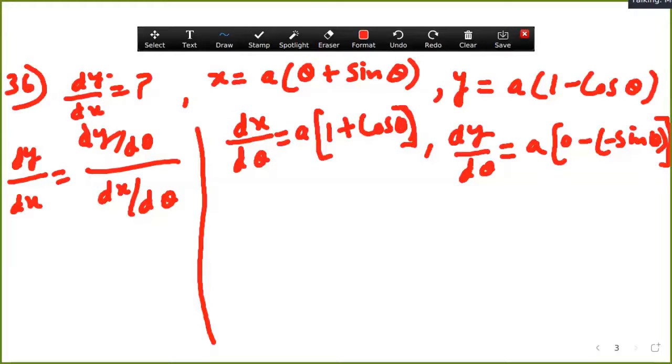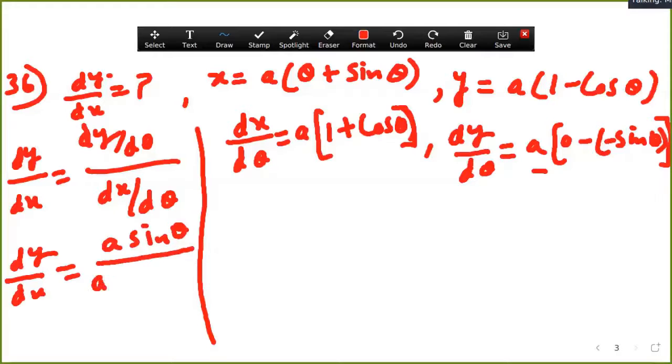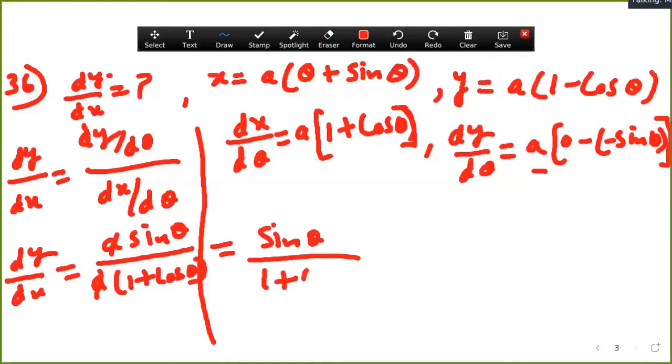So if you put the value here, dy upon dx will be equal to a into minus into minus plus a sine theta upon a into 1 plus cos theta. A is cancelled by this. What you are getting? Sine theta upon 1 plus cos theta.